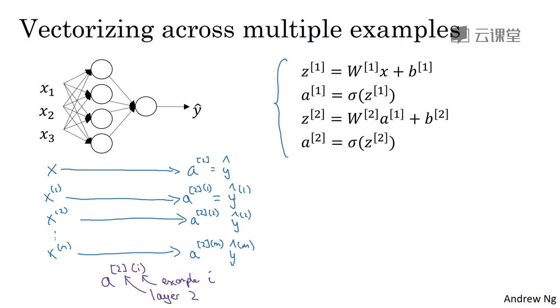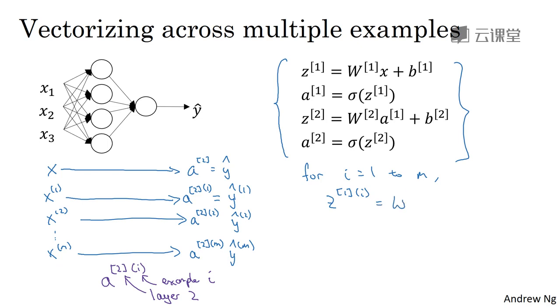Okay, so that's how the square bracket and the round bracket indices work. And so this suggests that if you have an unvectorized implementation and want to compute the predictions for all your training examples, you need to do for I equals 1 to M, then basically implement these four equations, right?